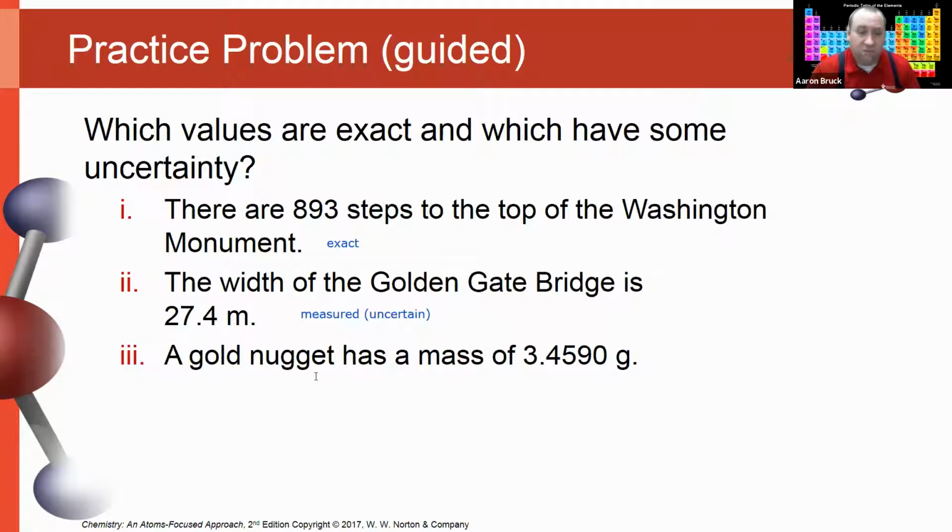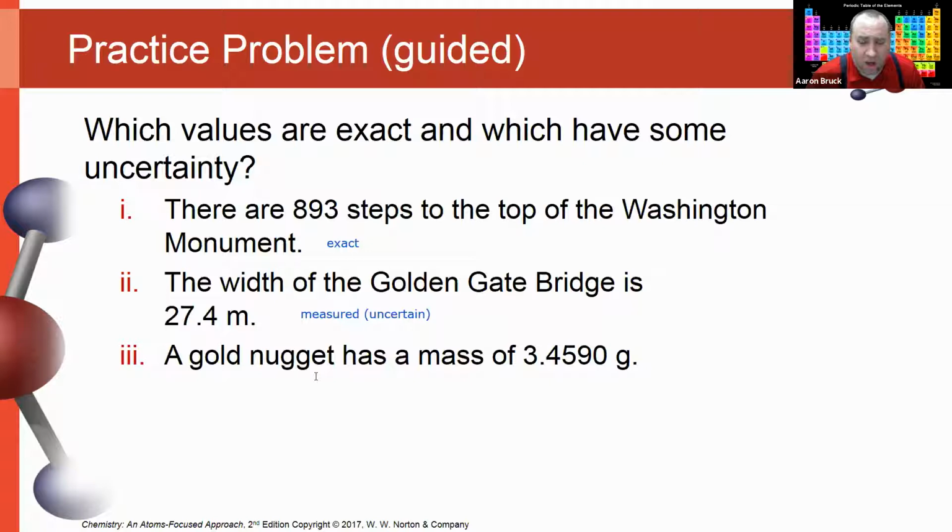And so there's going to be a good bit of uncertainty associated with that measurement. It could realistically be anywhere between 27.5 and 27.3 meters. And that would be a good solid 10 centimeters either way. So not super precise there.